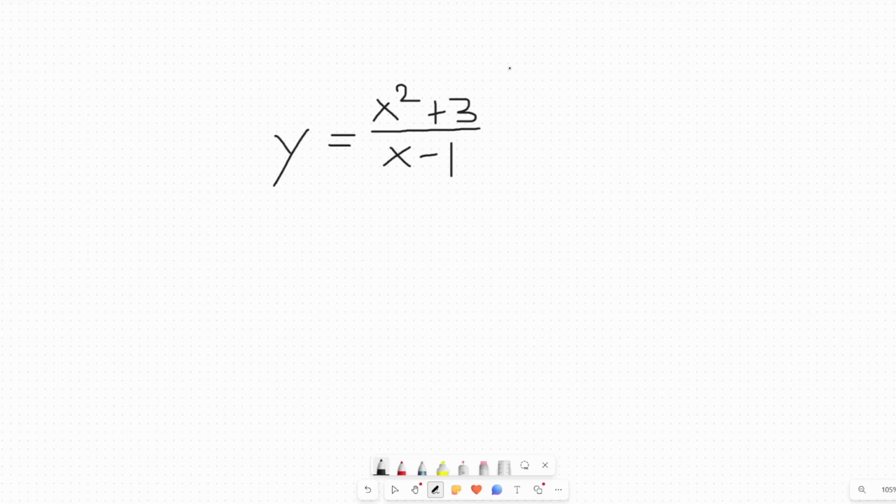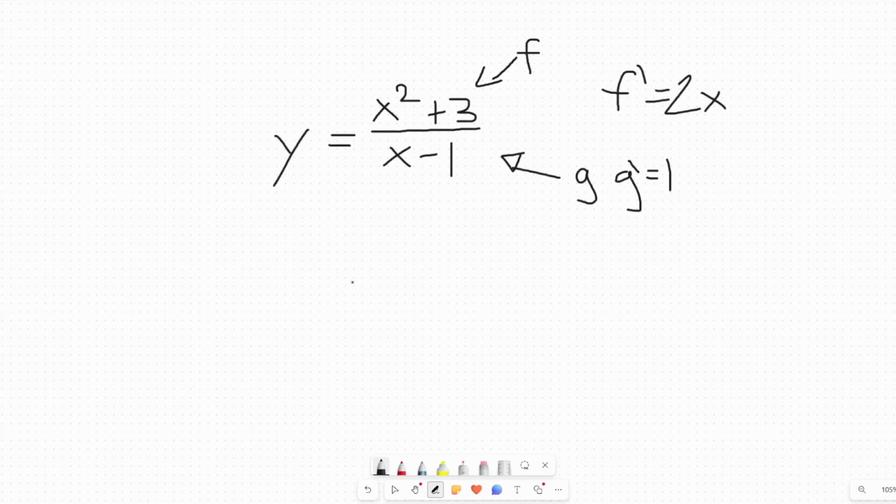All right, now x squared plus 3 is going to be our f, and x minus 1 is going to be our g. So f prime, the derivative of x squared plus 3, is just 2x, because the derivative of 3 is 0. And g prime is just 1.